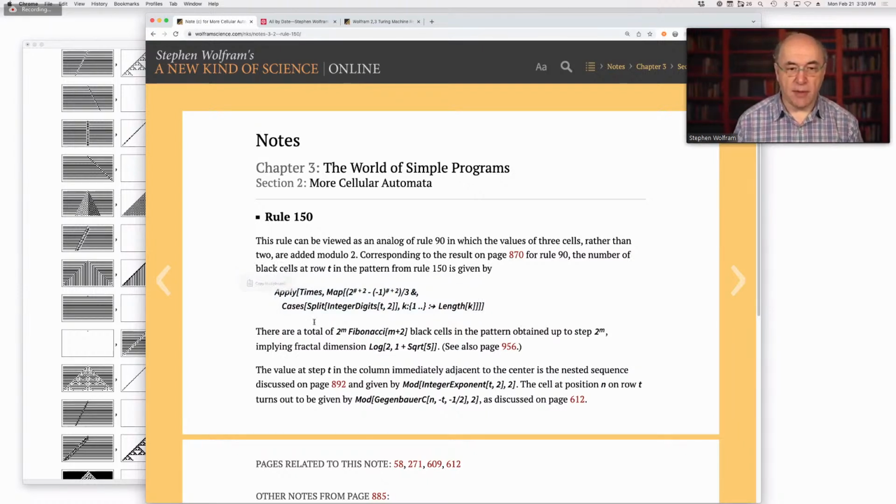For example, I mentioned there are total up to step 2 to the m in that pattern. The pattern has a repeating form every power of 2 increase in size. There are 2 to the m times Fibonacci m plus 2th Fibonacci number. So that's, again, a sort of Fibonacci connection with rule 150.